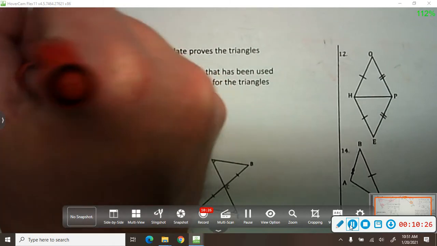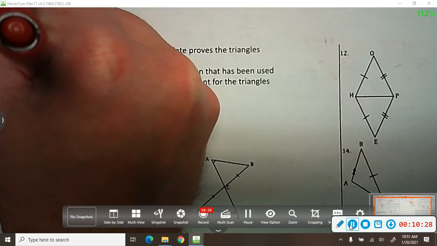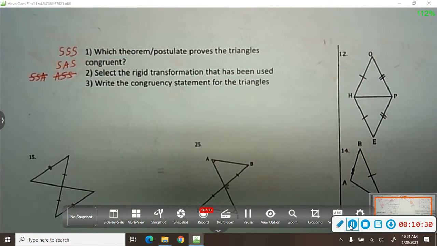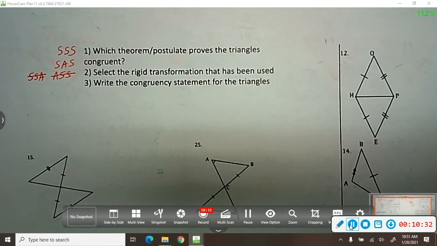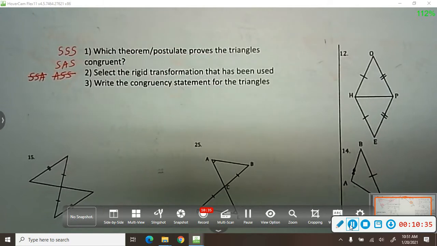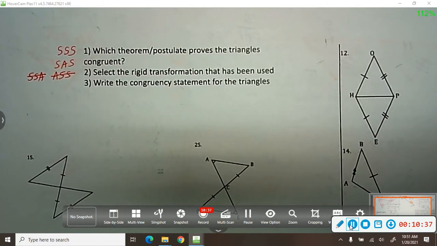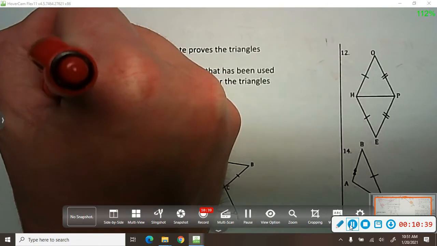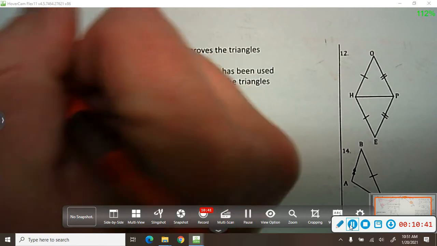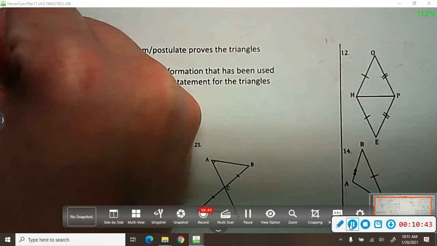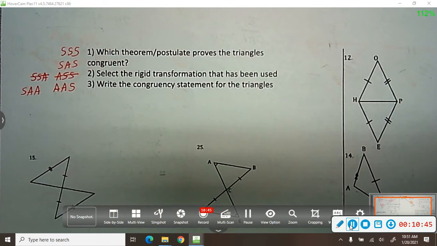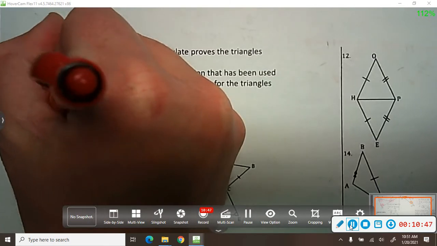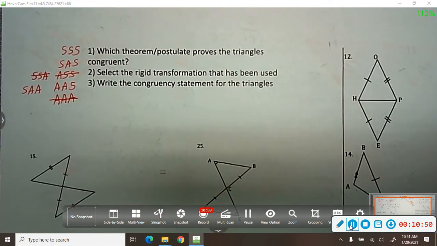Most people put that as SSA. That's just that spelled backwards. That doesn't work either. Another combination of SSS and S with S and A would be AAS, which is the same thing as SAA. And then angle, angle, angle also doesn't work.